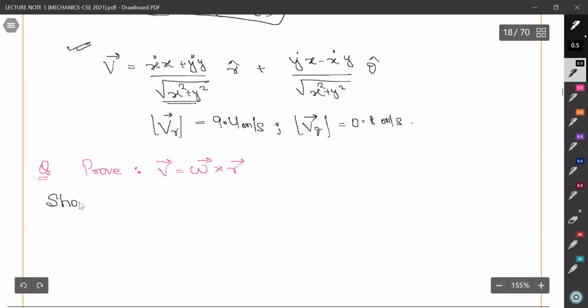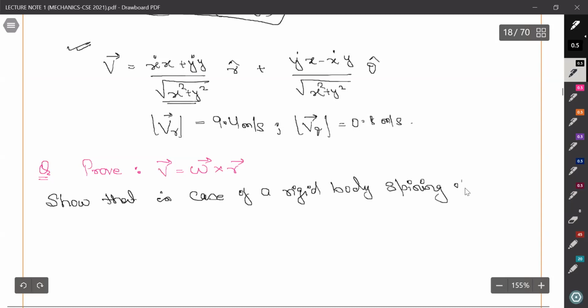So write down the statement, show that in case of a rigid body, we are not dealing with the extended rigid body here. We will consider this as a point and we will solve the equation. We will not look into the matters of rigid body here.